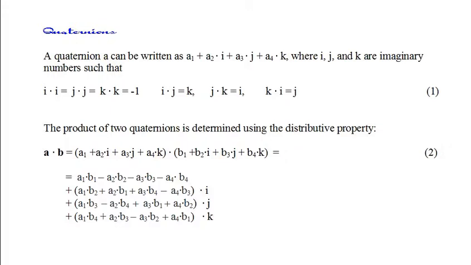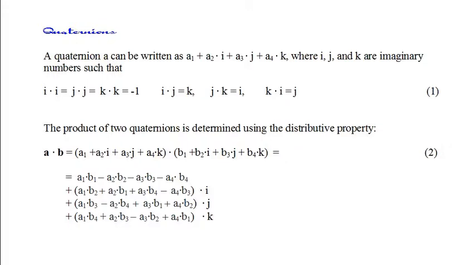Quaternions were developed in the 19th century as an extension of complex numbers to 3 dimensions. A quaternion can be written as a1 plus a2 times i plus a3 times j plus a4 times k, where a1, a2, a3, and a4 are real numbers, and i, j, and k are imaginary numbers that are all square roots of -1. i, j, and k multiply as shown on line 1.